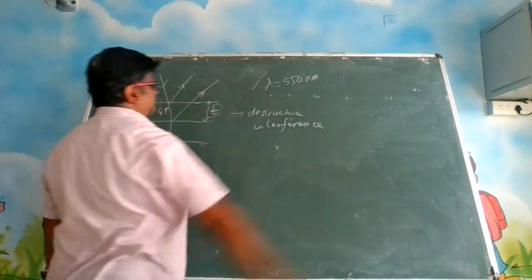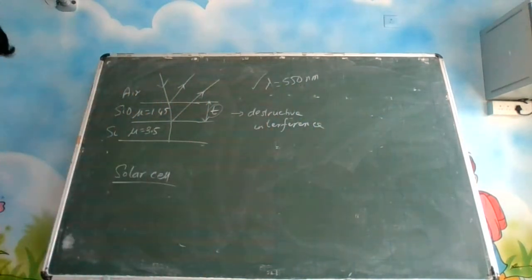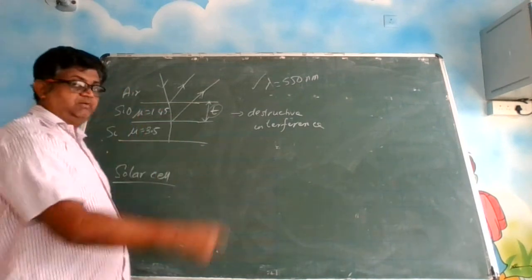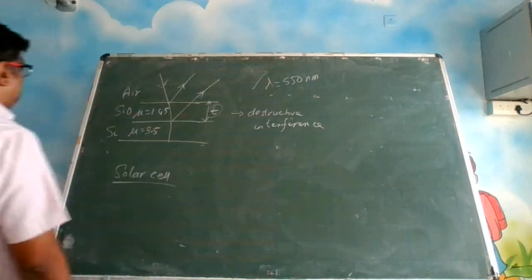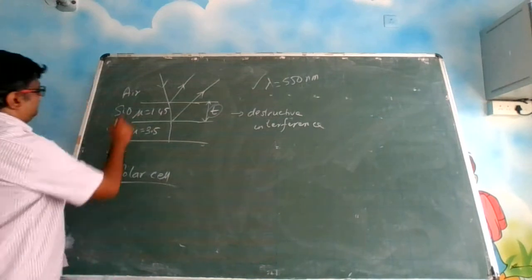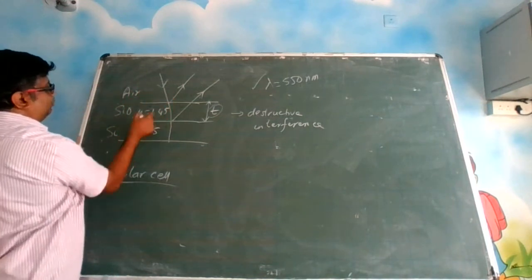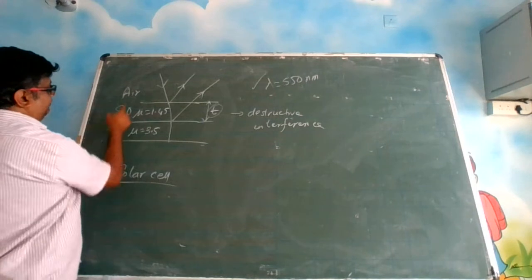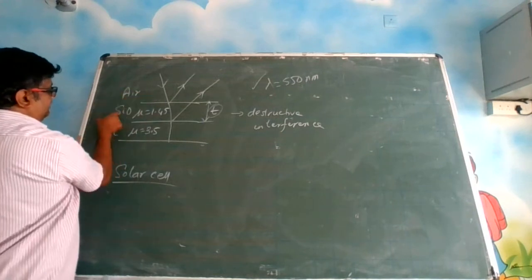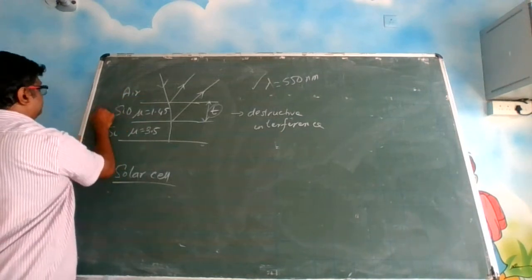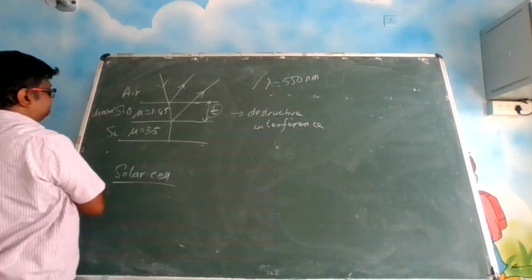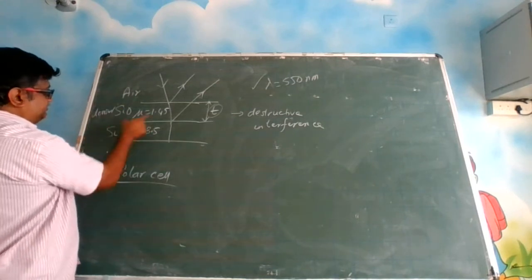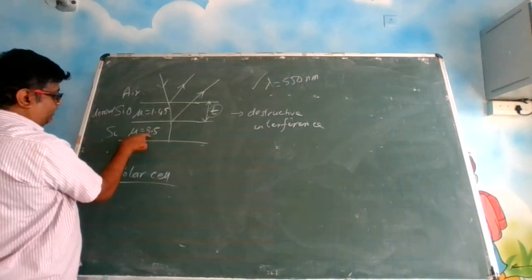Lambda value is 550 nanometer. Sorry, because whenever you see n, it comes to mind as Newton meter. Now here, what is happening? This is mu is equal to 1, this is 1.45, this is 3.5.